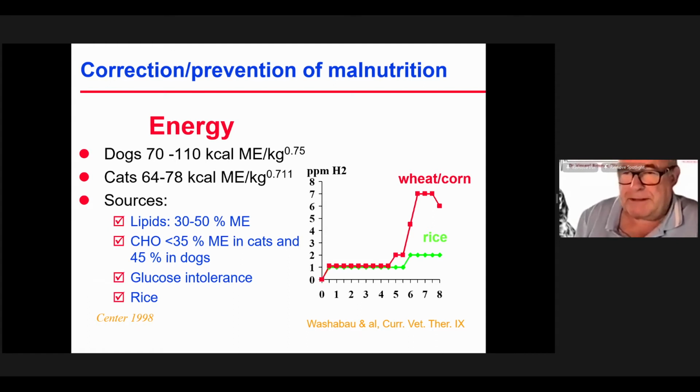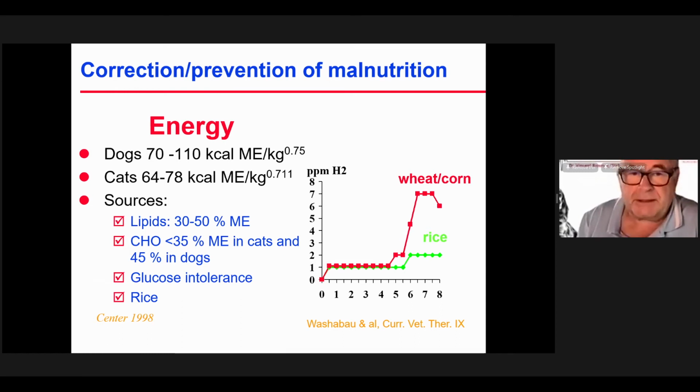You probably know that energy in the food is coming from three main nutrients: the lipid, the carbohydrate, and the protein. In patients with liver disease, because they are often anorectic and don't eat very well, all their metabolism is geared to lipids, which means that when you give them lipids, they can handle them very well.